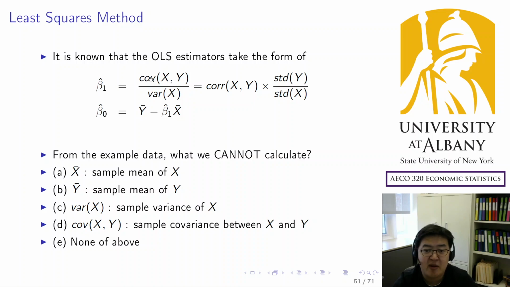Remember, the correlation coefficient can be obtained by standardizing the covariance by the standard deviations. So you may rewrite this form using the correlation coefficient this way. You have to divide by the standard deviation of y, so compensate for that like this.